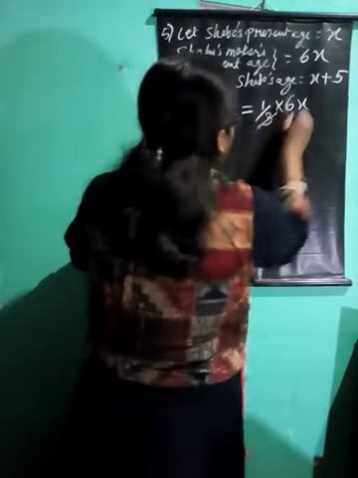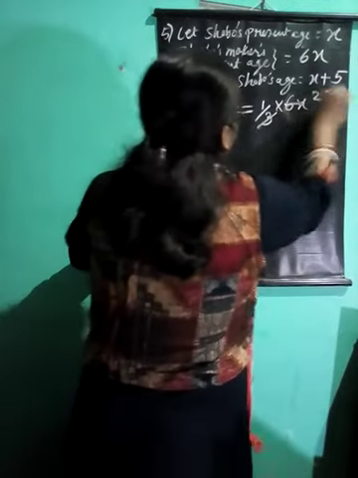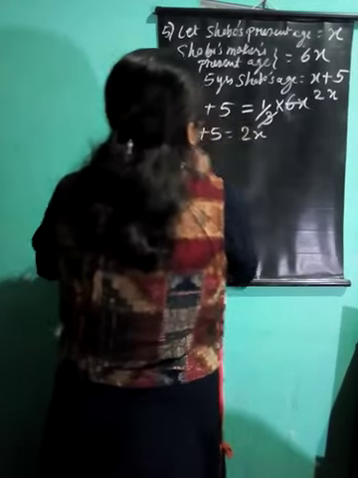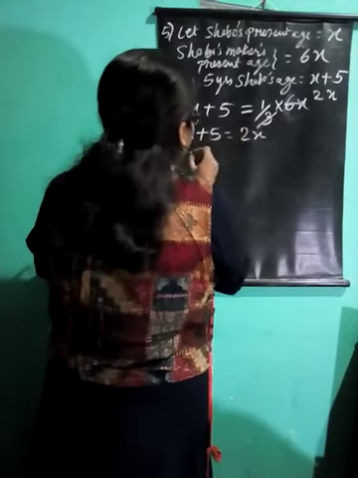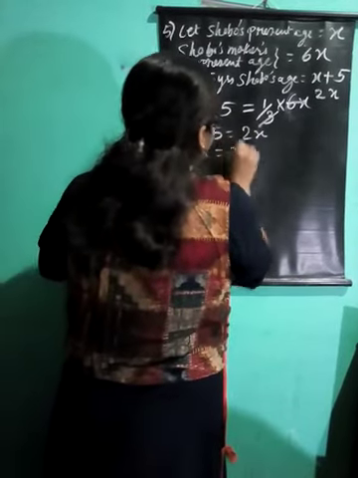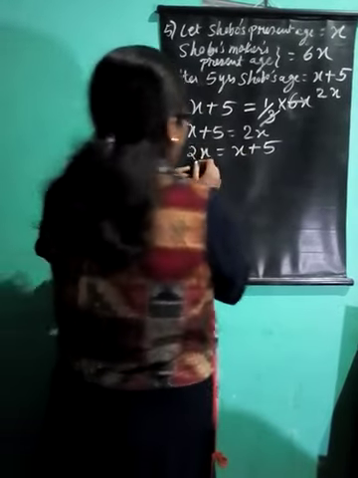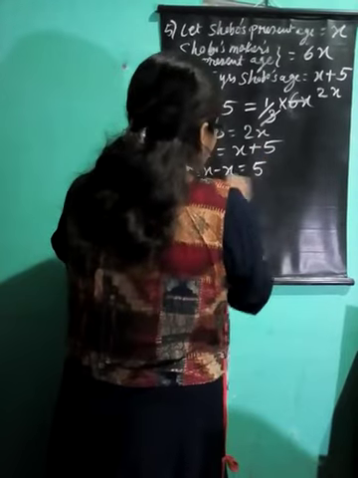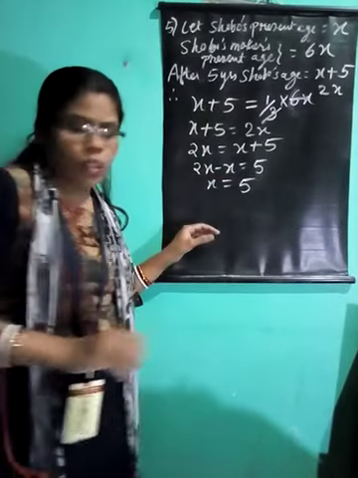Now solve this equation. 3, you get 2x. So you get here x plus 5 is equal to 2x. It means now you bring this here. You just bring it here in this way. If you are confused while solving the equation, bring the variables totally here. So 2x minus x is equal to 5. That is x is equal to 5.